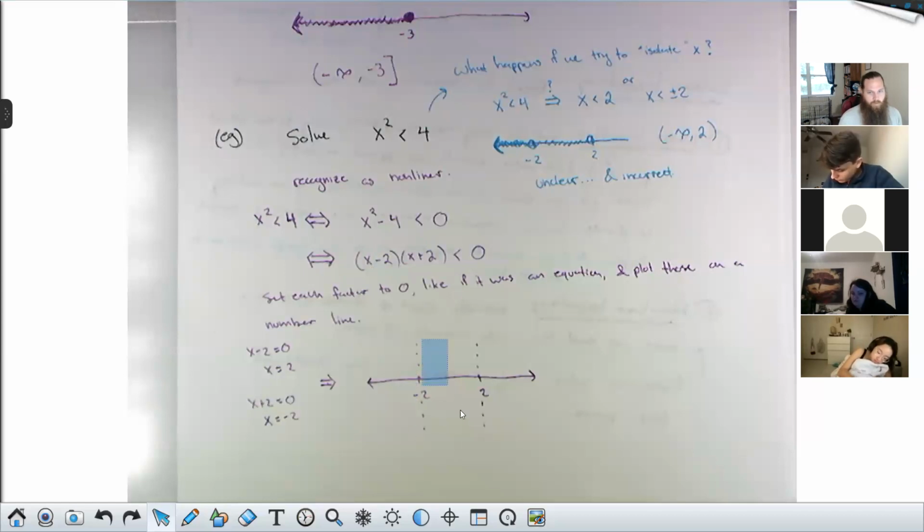And the same is true for the other regions. Either this will be true everywhere between negative 2 and 2, or it will be false everywhere between negative 2 and 2. Either this will be true everywhere from 2 to infinity, or it will be false everywhere from 2 to infinity.